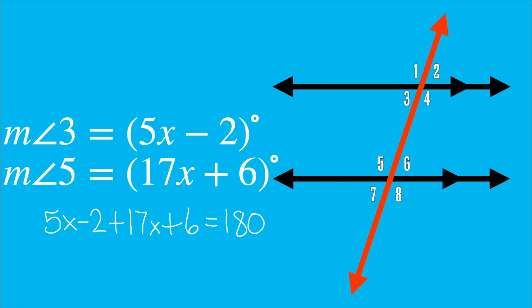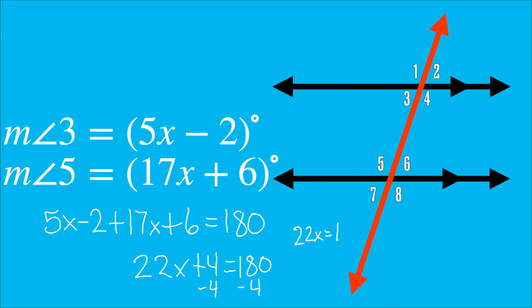First thing I do is combine like terms. 5 plus 17 is 22x. 6 minus 2 is 4. 180, we subtract 4.